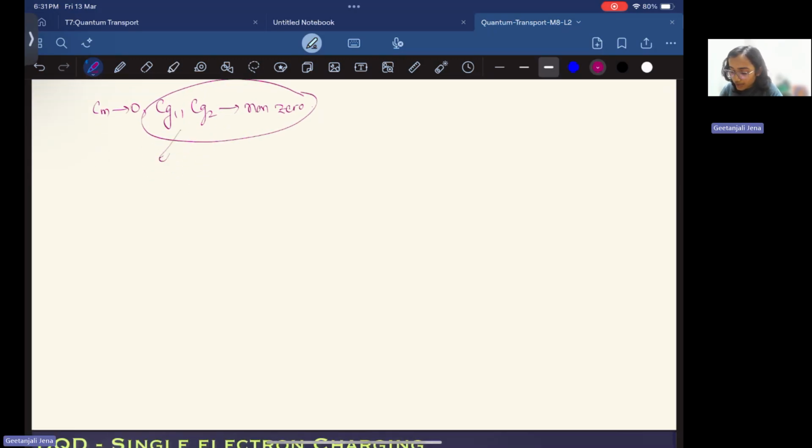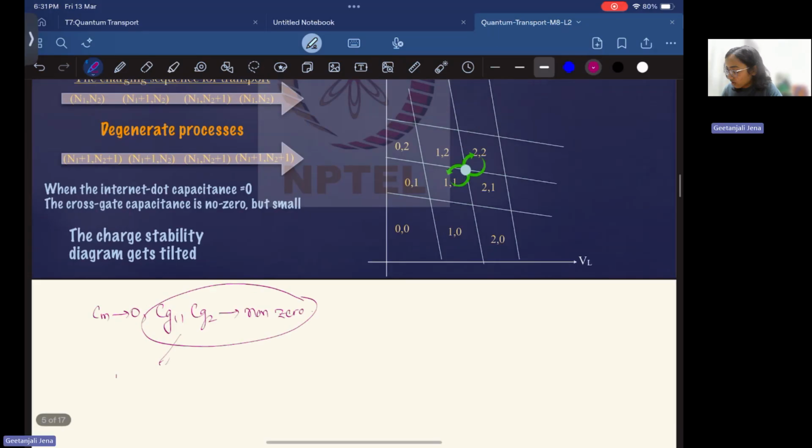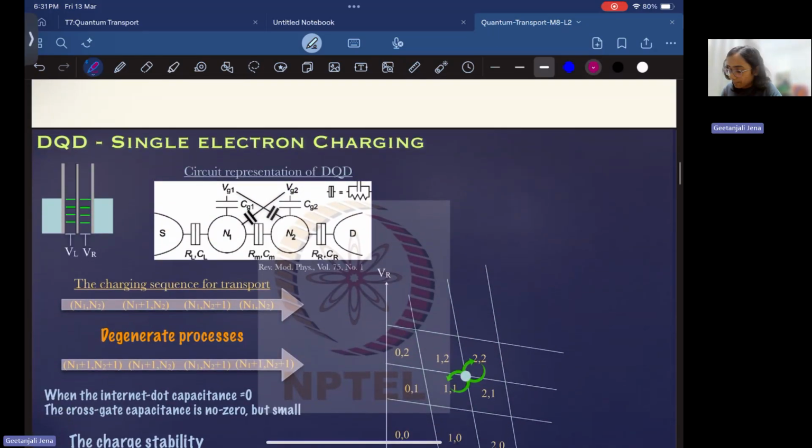If we have quantum dot 1 and quantum dot 2, and we vary VG1, then quantum dot 2 will also get affected.